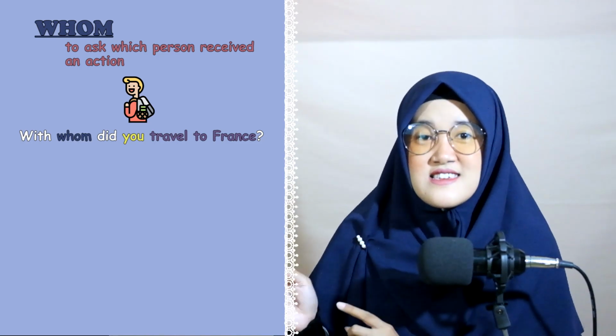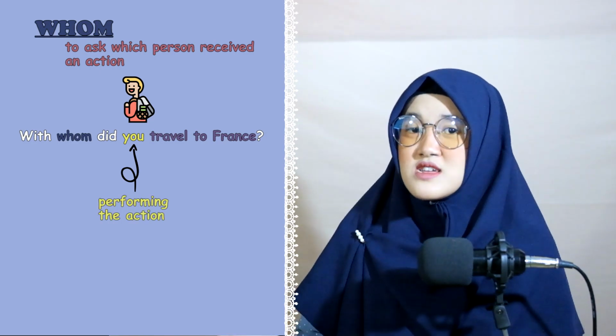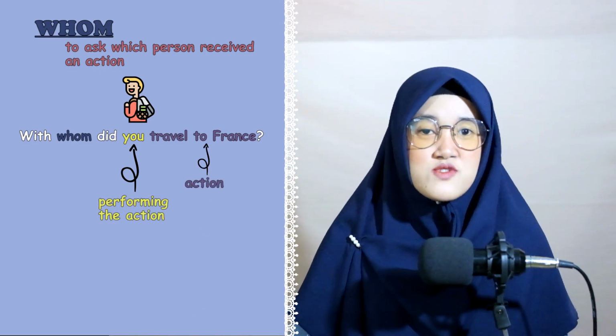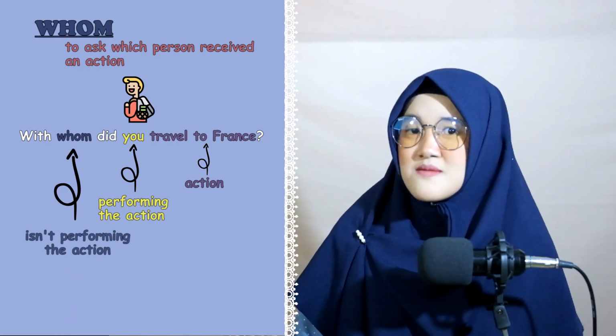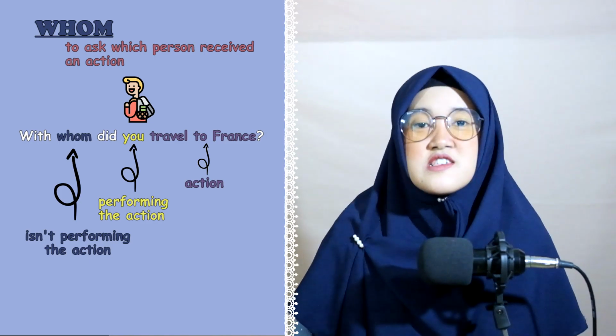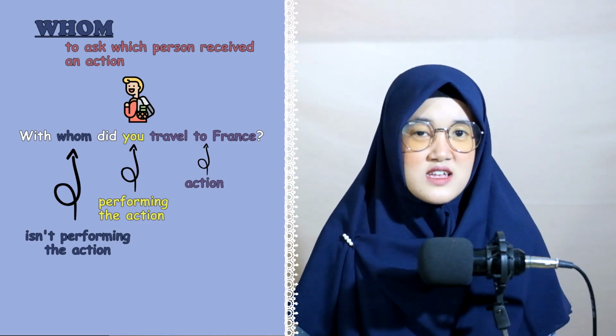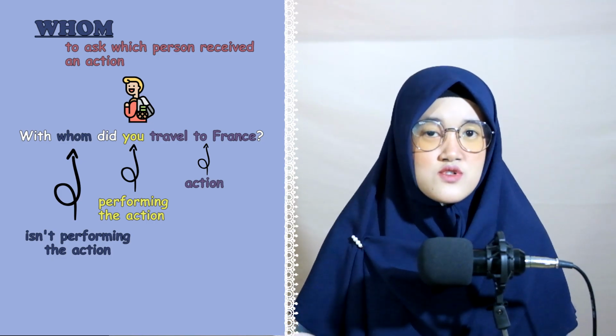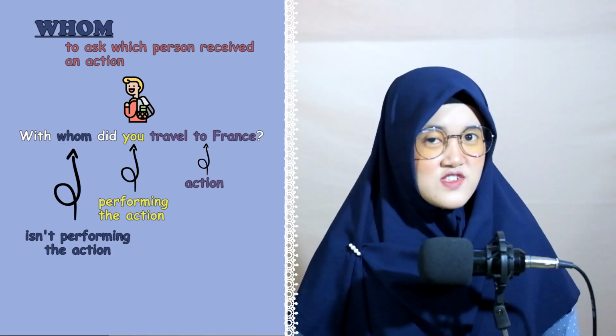In the sentence here, the subject pronoun you is performing the action, traveling to France, whereas the object whom is not performing the action. We know that whom is replacing an object personal pronoun because of how we would answer the question.